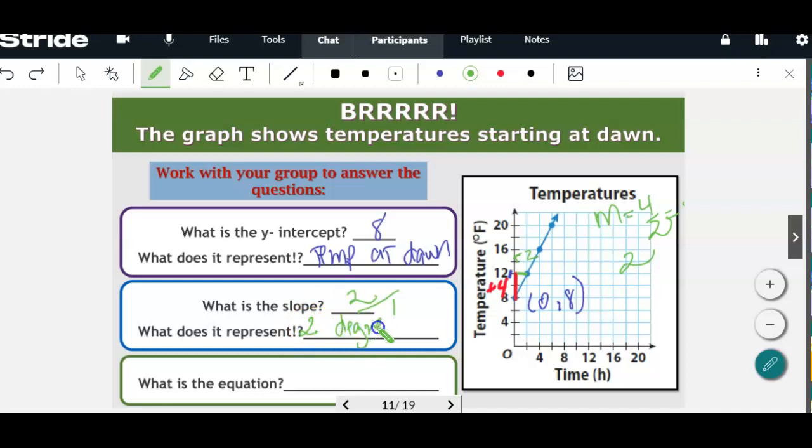So it's 2 degrees each hour. All right, what is the equation? We're going to put it all together. We have our slope-intercept form. Slope is 2. Our y-intercept is 8.